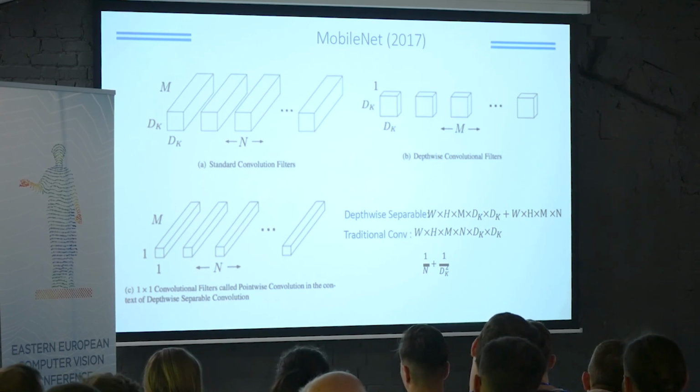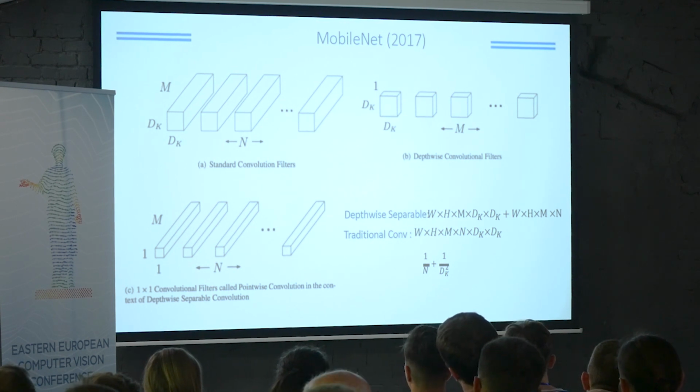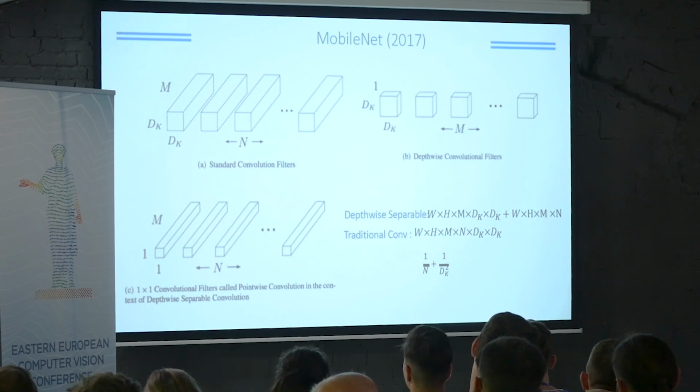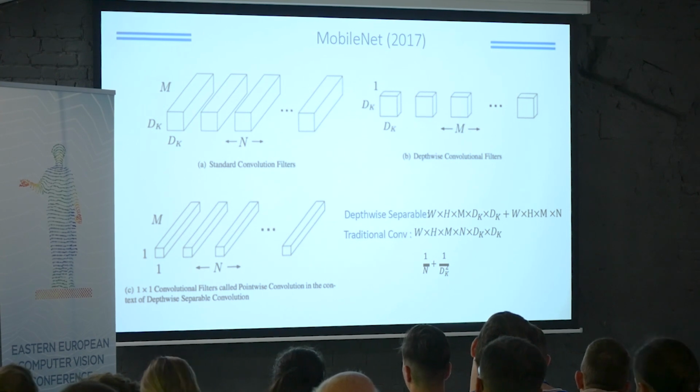Depth-wise means that you are not performing your convolution across all the depths of your channels. You just take one channel and do your convolutions only by channels. And then on the second step, you apply one-by-one convolution.